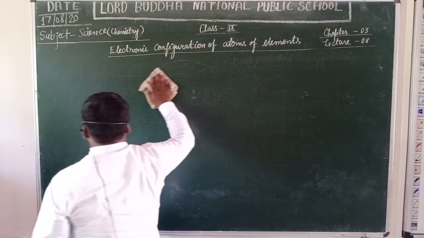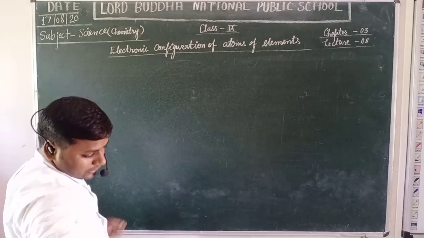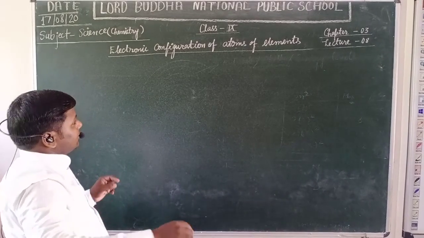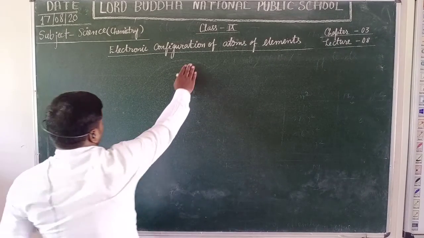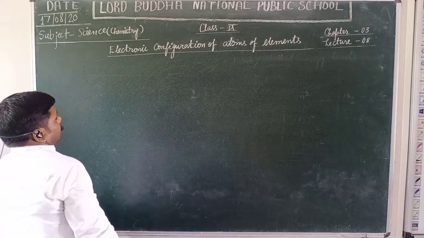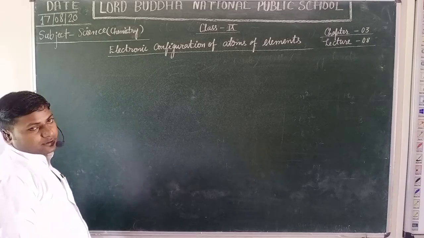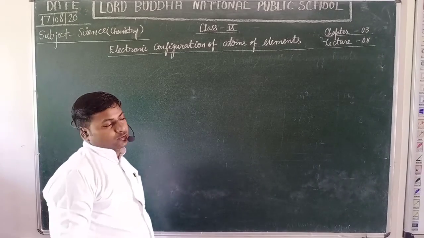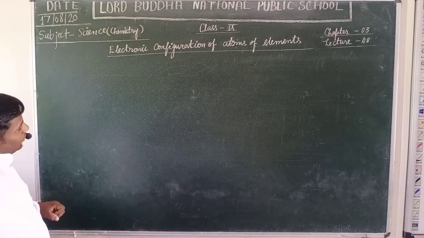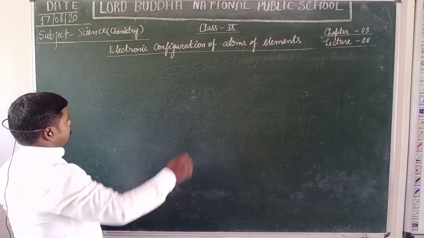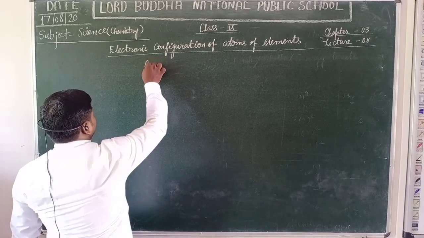How could you determine the number of electrons in the given atoms? Just after knowing about atomic number, mass number, isotopes and isobars. First, here we are going to describe the atomic number.